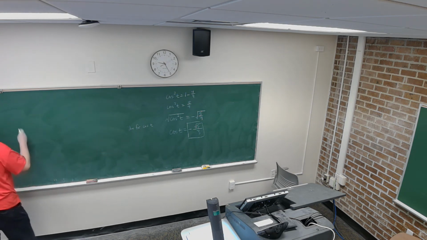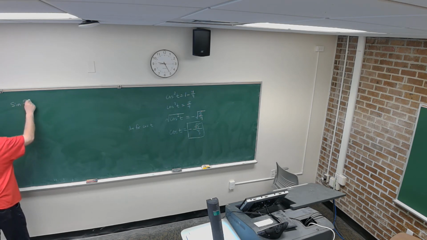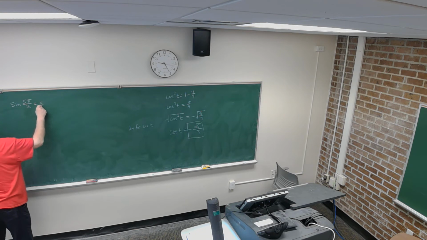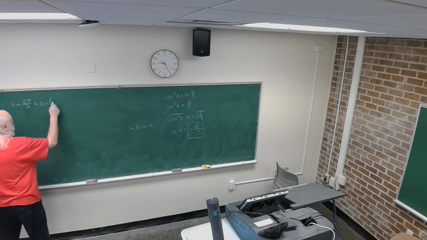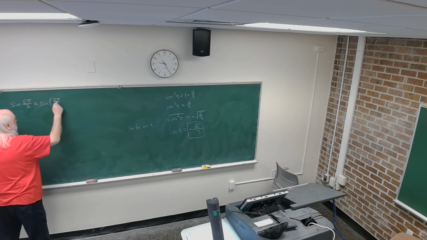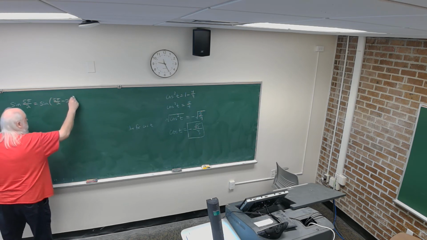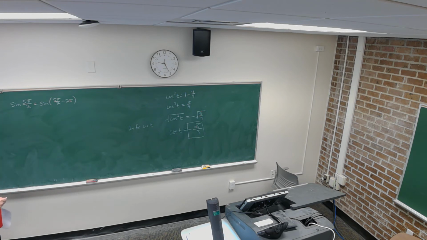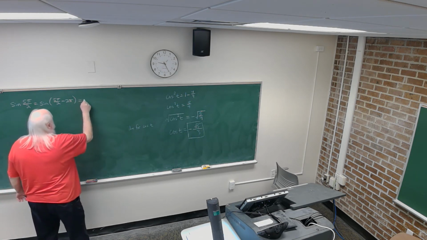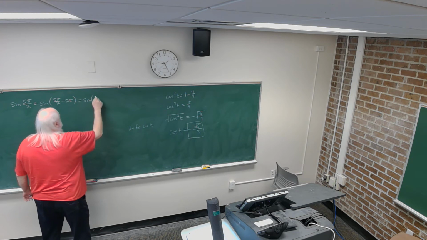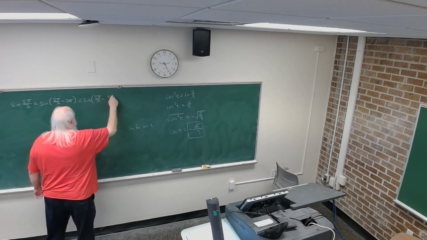So the sine of 5 pi over 2, because the sine function has a period of 2 pi radians, is equal to the sine of 5 pi over 2 minus 2 pi. Well, the common denominator in that difference is 2, so this is equal to the sine of 5 pi over 2 minus 4 pi over 2.